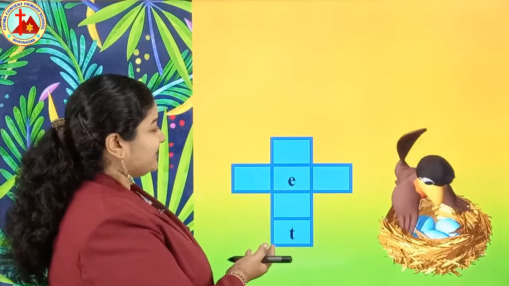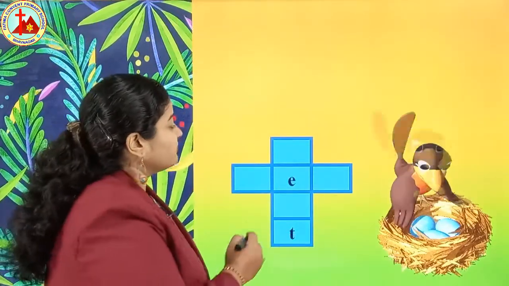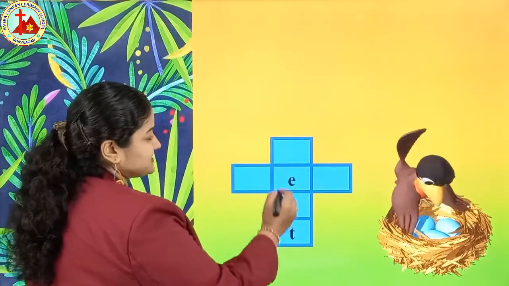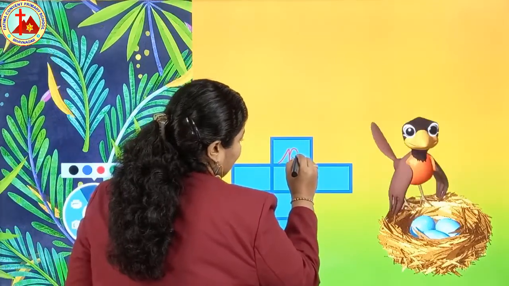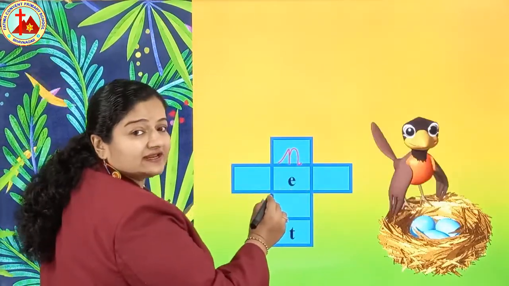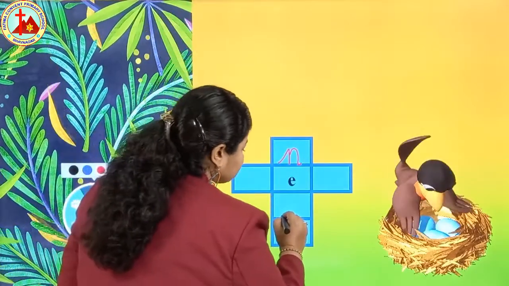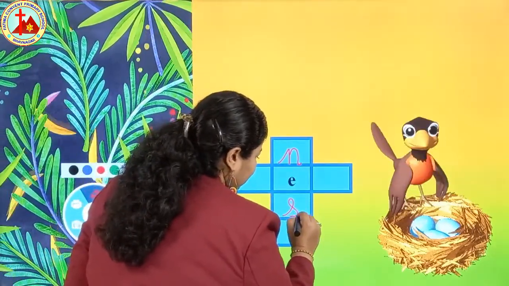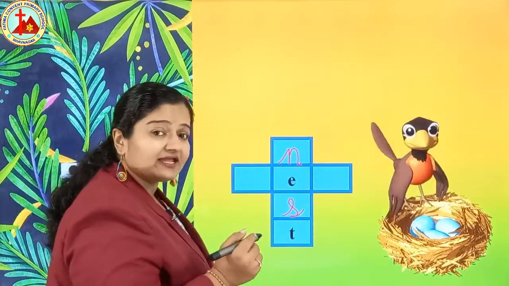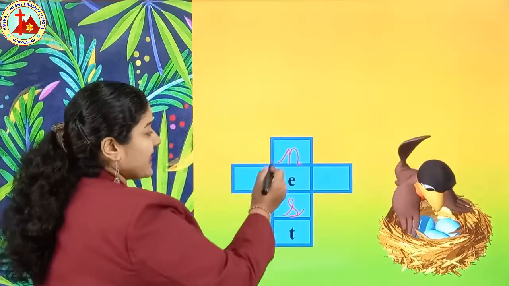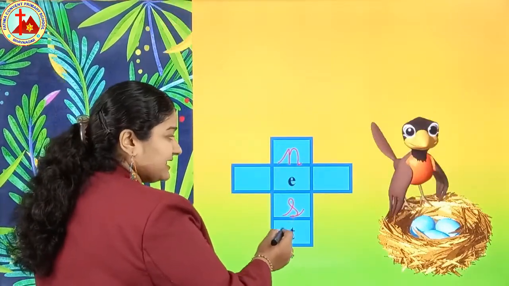See, next one, this is the picture of a nest. Nest means where birds lay eggs. So we write like this, nest. Nest spelling is N, write N. E is already written, N-E-S. Here you have to write S. N-E-S-T, nest. Again, repeat after Miss. N-E-S-T, nest.